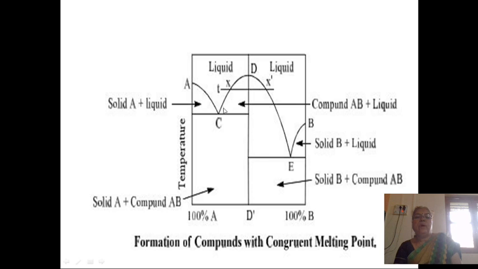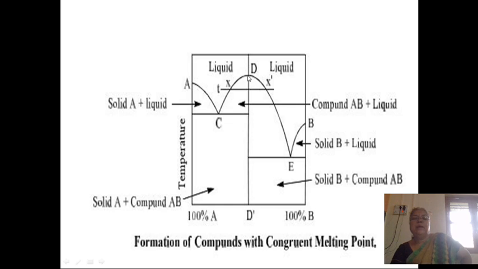As we move along the curve C, D, E, as we increase the temperature, the melting point of the AB compound is reached, and at this D point, the complete melt of solid AB takes place. D point is the congruent melting point of the compound AB. That means this DC curve is the solubility curve of AB.